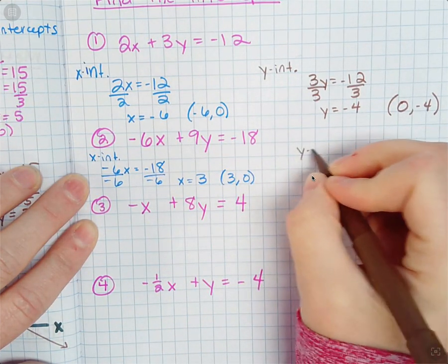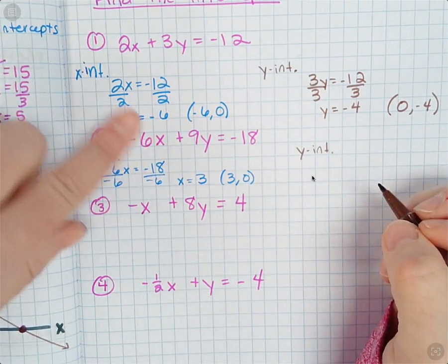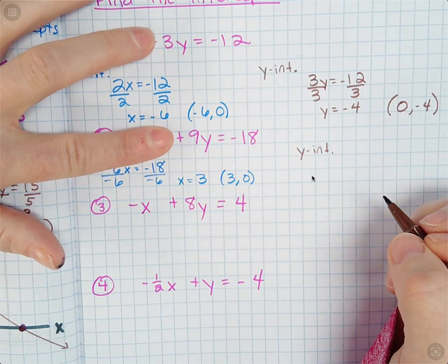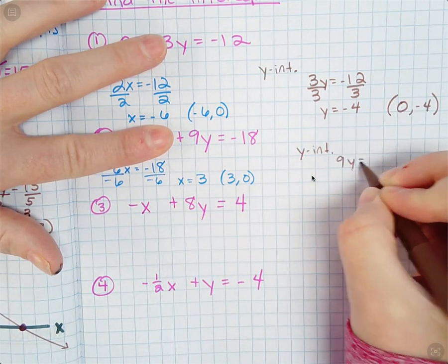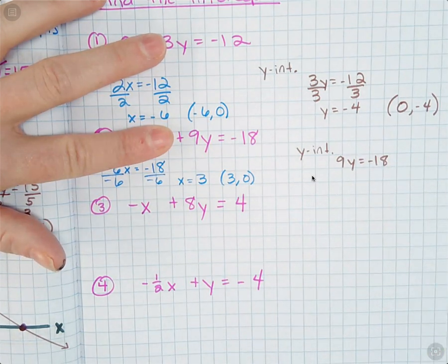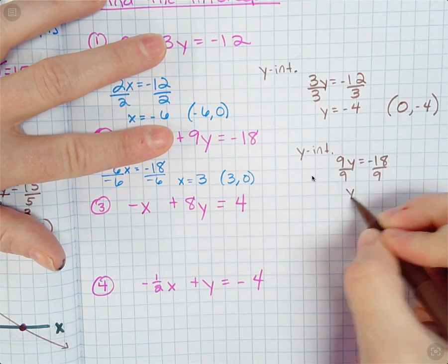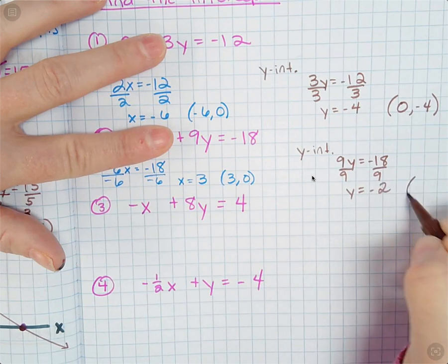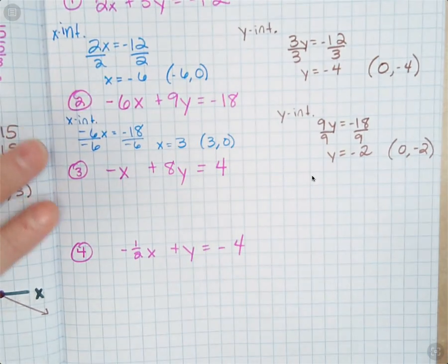My y-intercept, I'm going to plug in a 0 for x, so I'm no longer going to have the x. I'm going to cover that up with my finger and see what's left. And I have 9y equals -18. Divide by 9, y equals -2. So it's 0, -2. So far, doing okay?